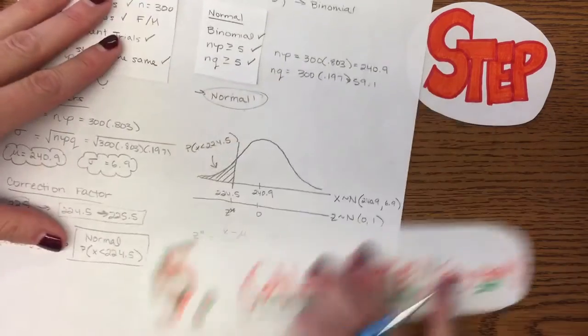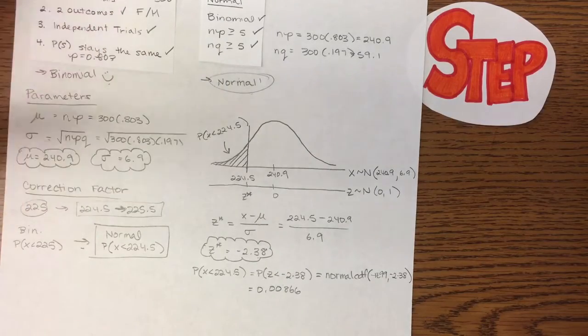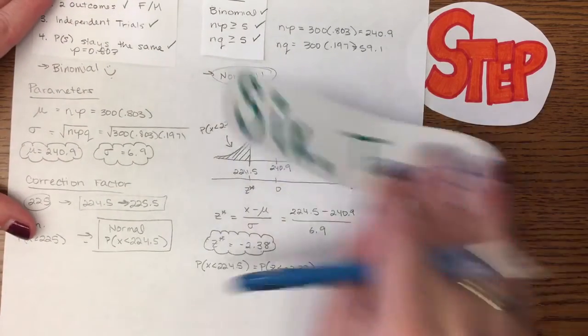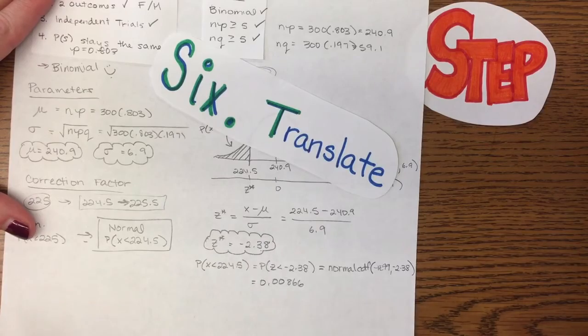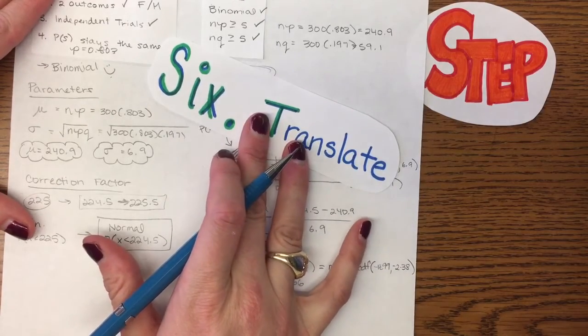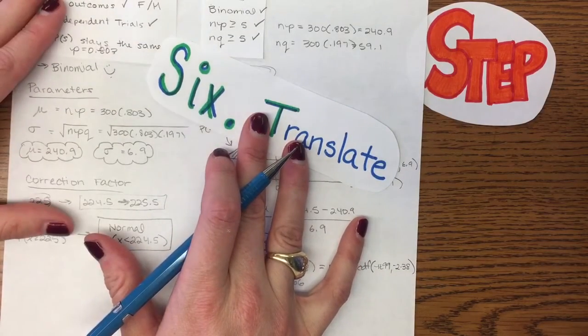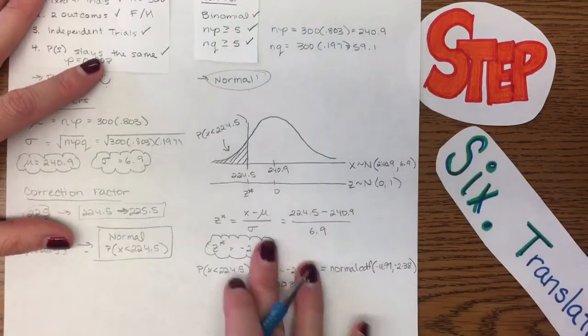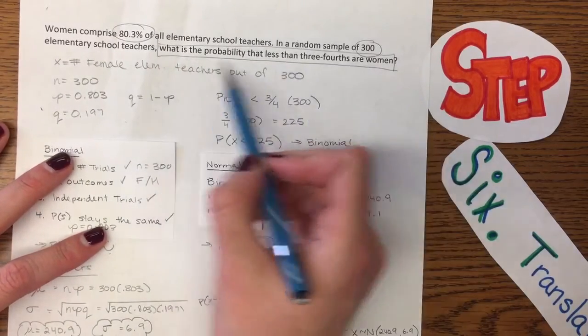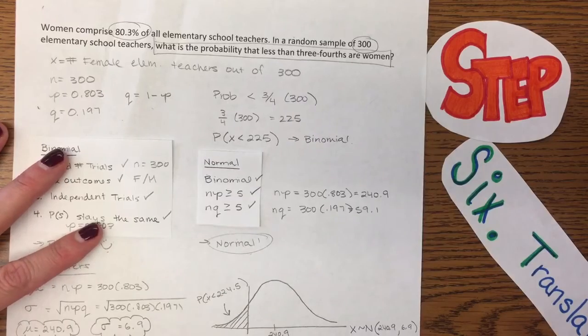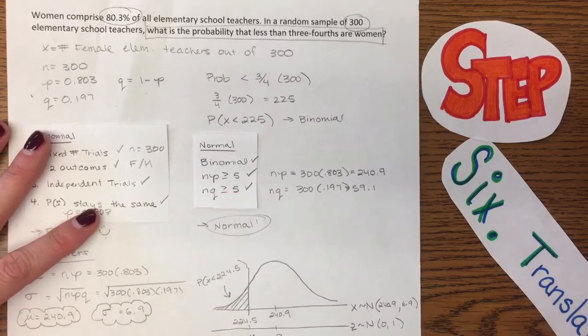Now, I've finished the problem. I've gotten all of the work right. The last step is I need to translate it, because most people who are interested in these problems don't really know what I'm doing with statistics. So here we go. My question said, what is the probability that less than 3/4 are women? That's the question I need to answer.